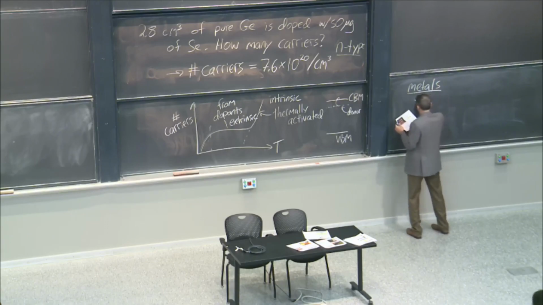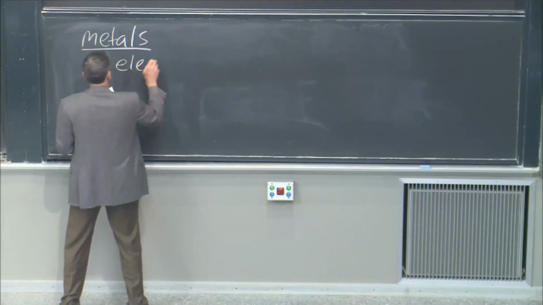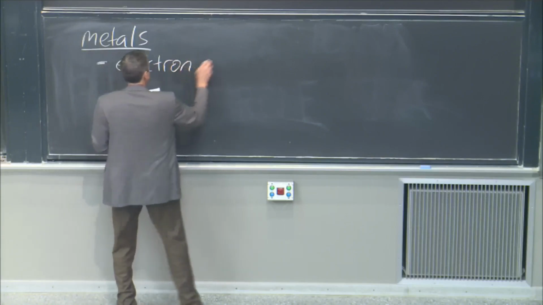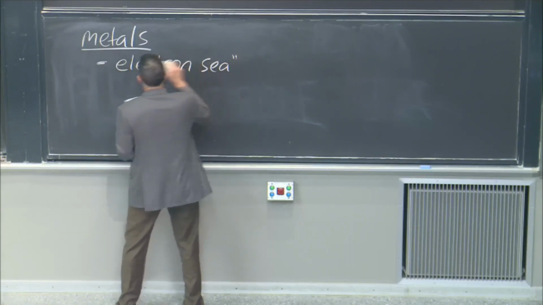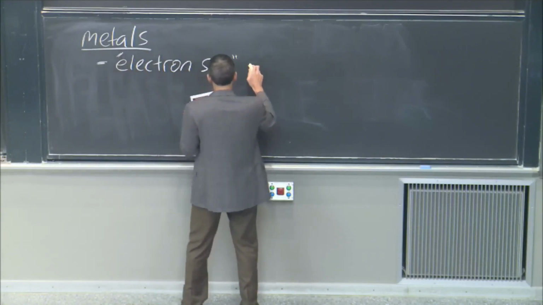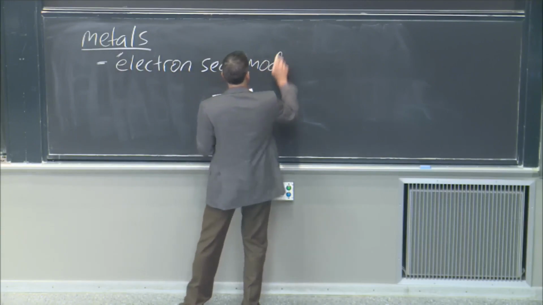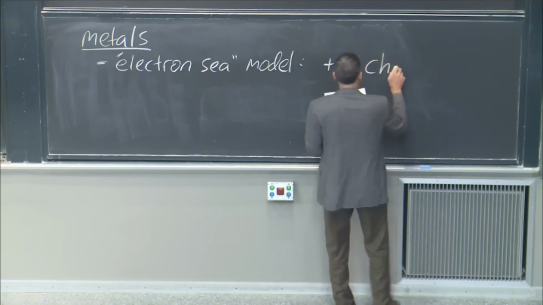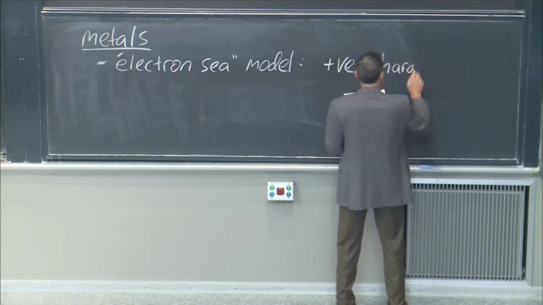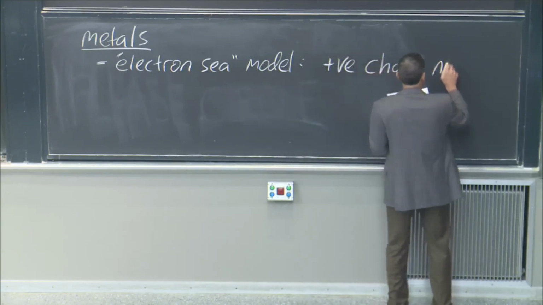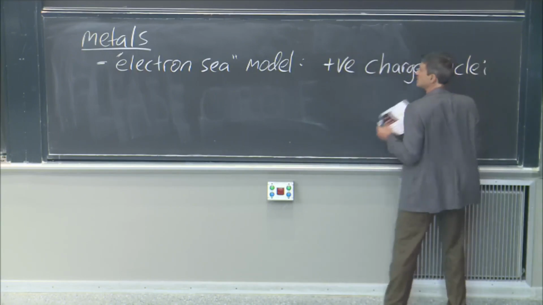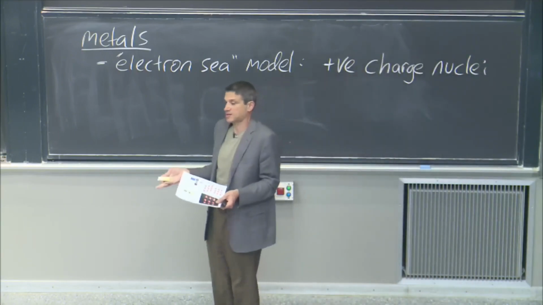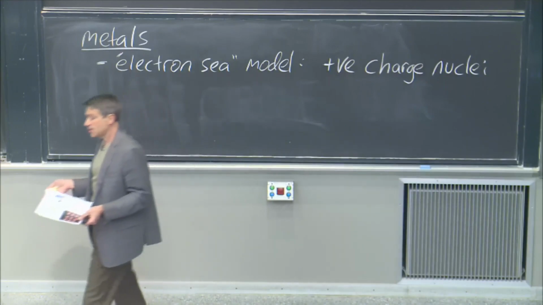So in metals, you've got this electron sea. Electron sea, we'll call it a model because it's a way of thinking. And in this model, you've got positively charged nuclei. Why? Because they've lost an electron to the sea.